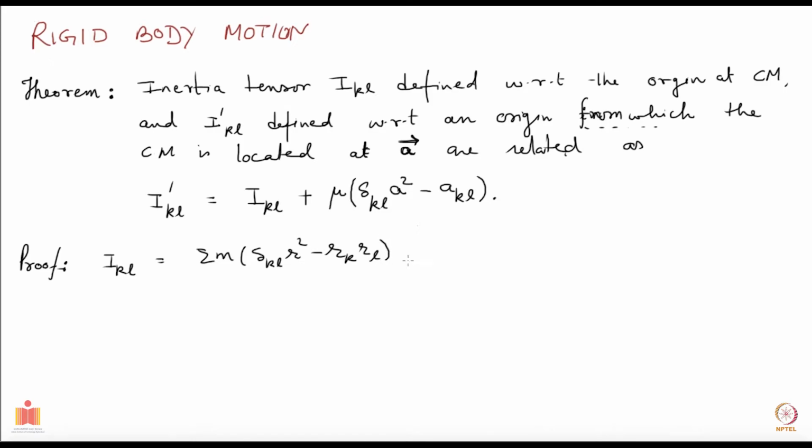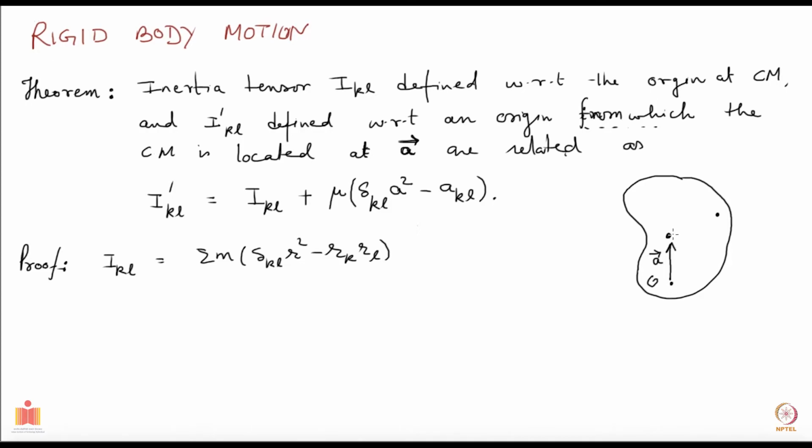Now let's say this is my rigid body. Somewhere here is the center of mass. We are looking at some point P, and this is my origin O. This point is located a vector A away from the origin.